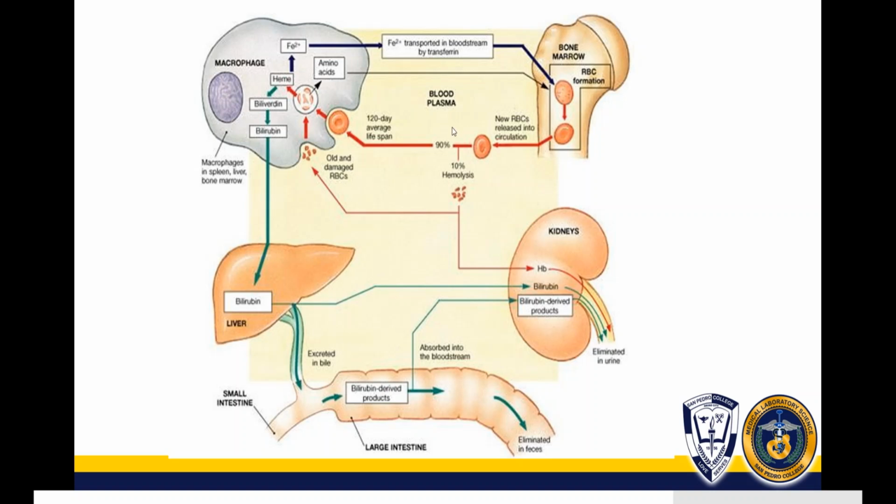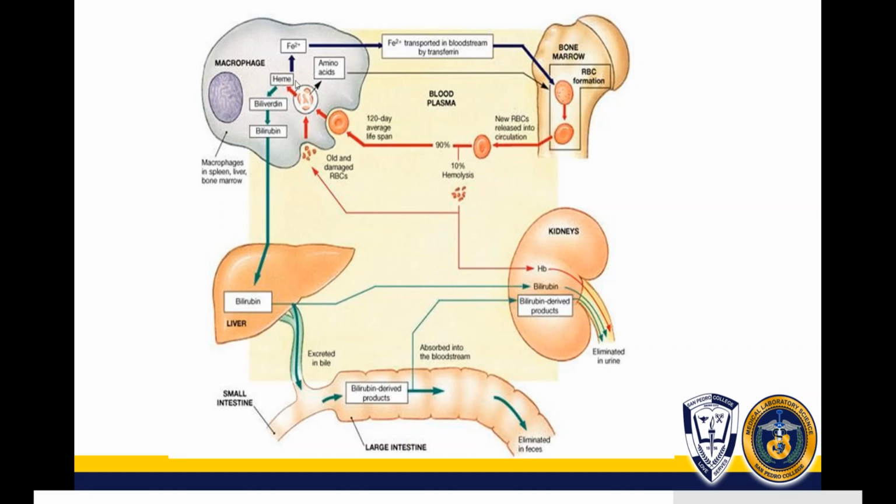Now, in a normal scenario, an RBC has to go through the 90 to 120 days lifespan, and when they become aged RBCs, when they are already senescent, that's when they are destroyed in the spleen. In the spleen, it's the macrophages that cause the destruction of these RBCs, and then the RBC will release its content.